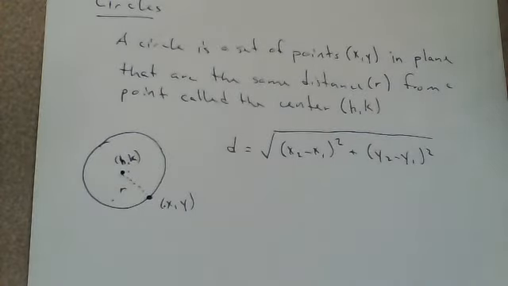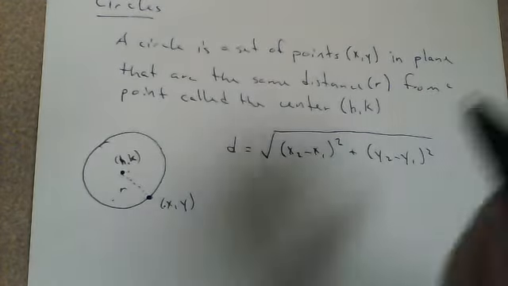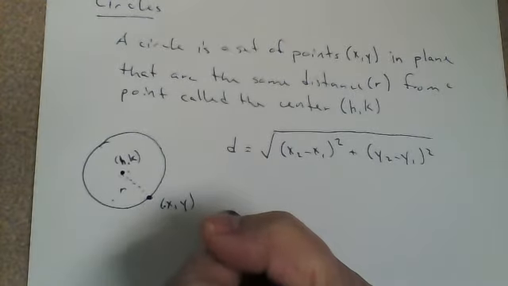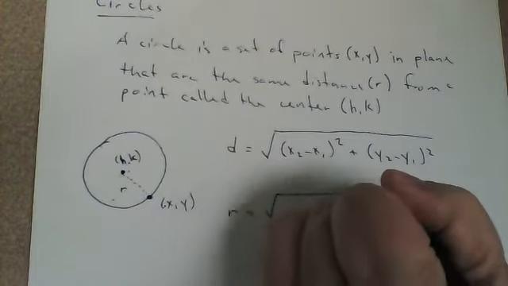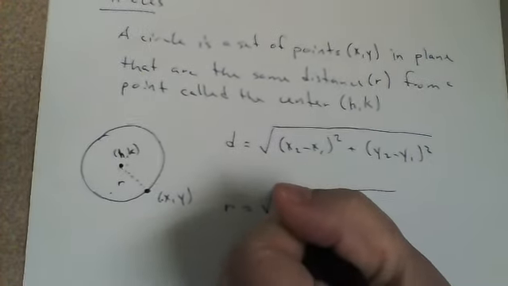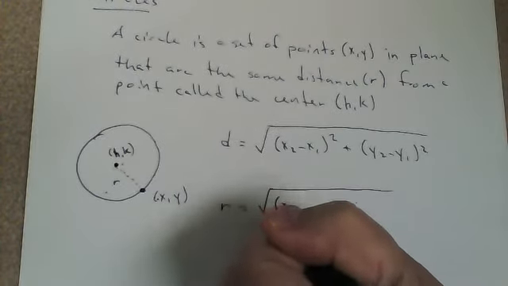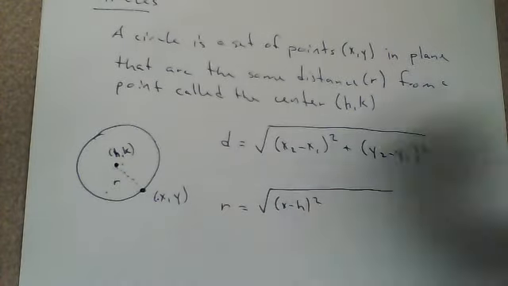So when you think of it in terms like that, you can understand how we come up with how to find our radius, right? If you think about it, finding the length of our radius would just be R equals the square root of x minus h squared, right?